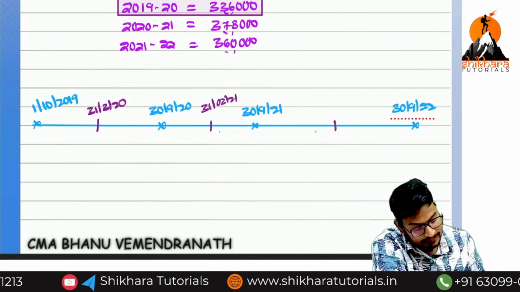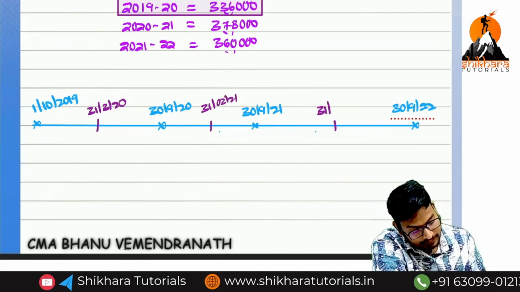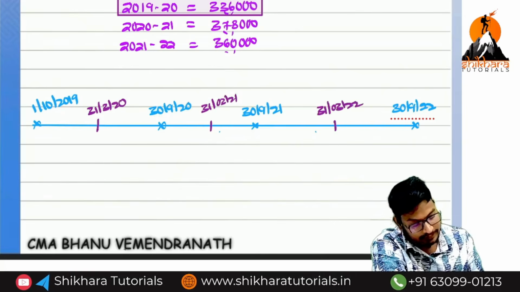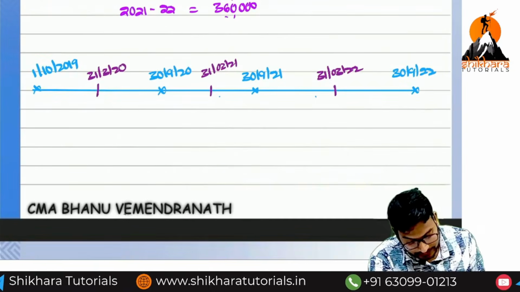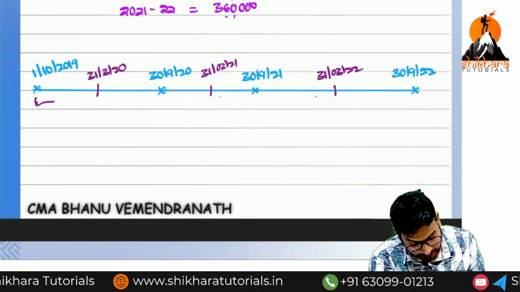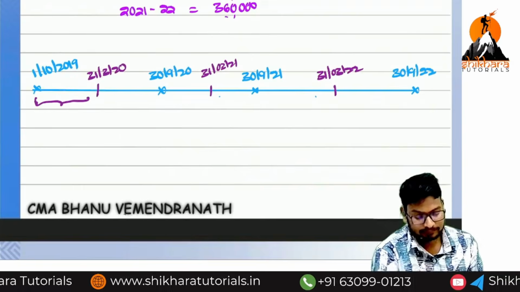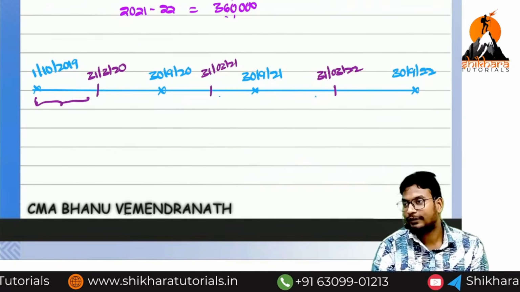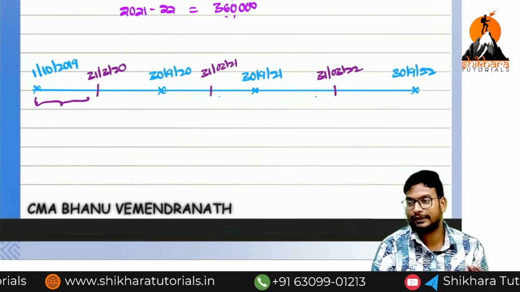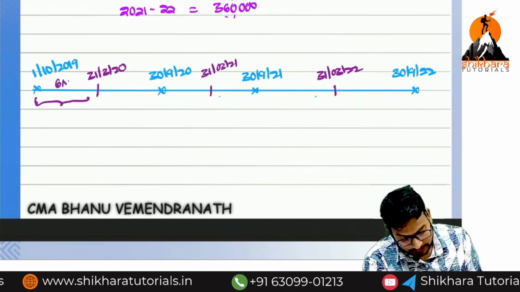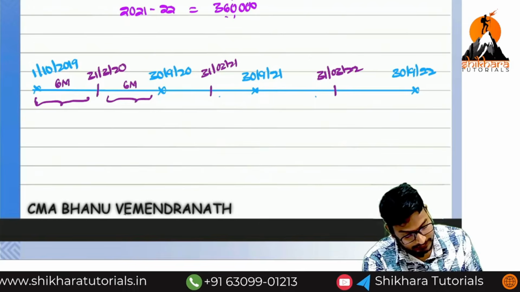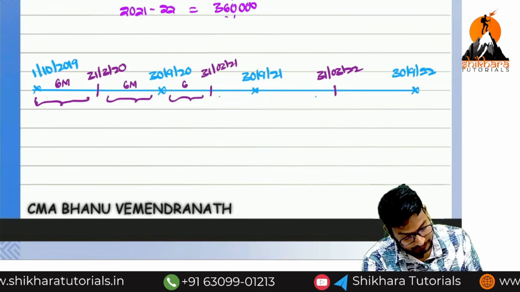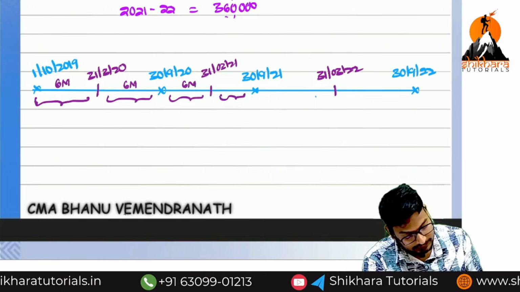The next, 31st March 2022. From here to here, how many months? 6.